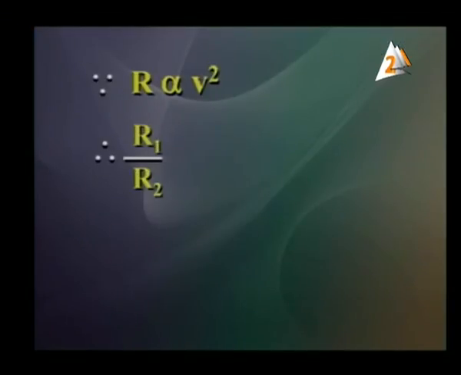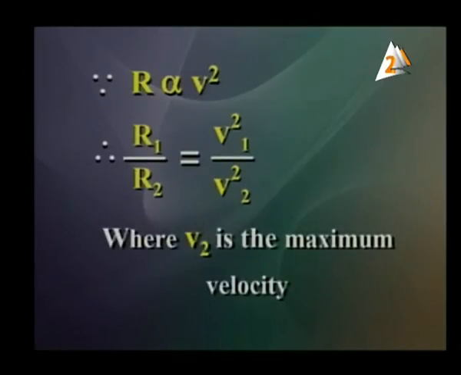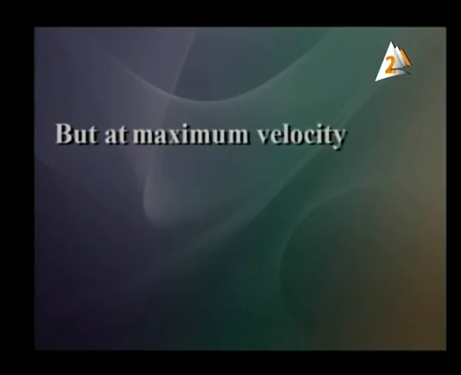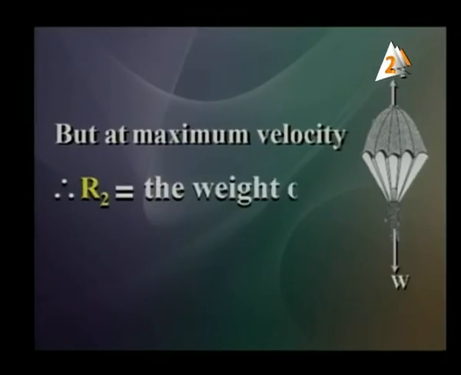Since R varies as V squared, therefore R1 over R2 equals V1 squared over V2 squared, where V2 is the maximum velocity. But at maximum velocity, as you see in the figure, the weight of the man and the parachute is downwards, but R2 is upwards.